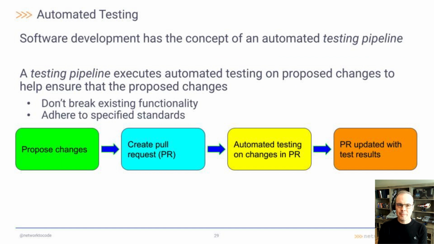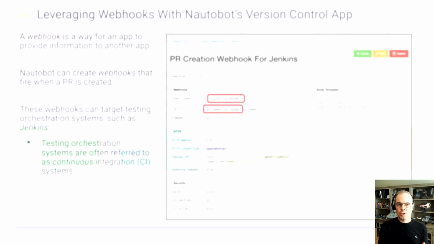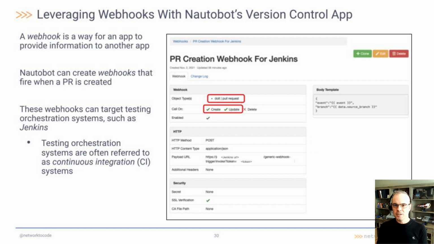Now let's talk about automated testing. Software development has the concept of an automated testing pipeline. A testing pipeline executes automated tests on proposed changes to help ensure that the proposed changes don't break existing functionality and that they adhere to specific standards. You can leverage Nautobot's webhooks with the version control app to initiate a testing pipeline.